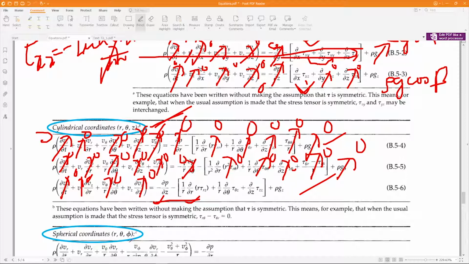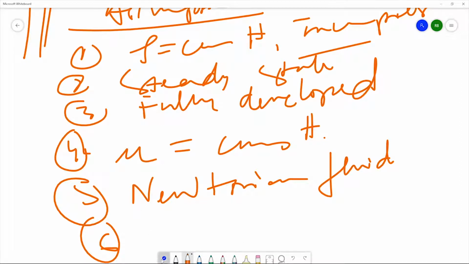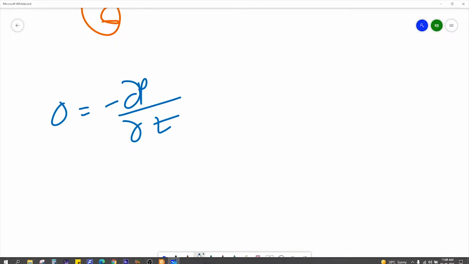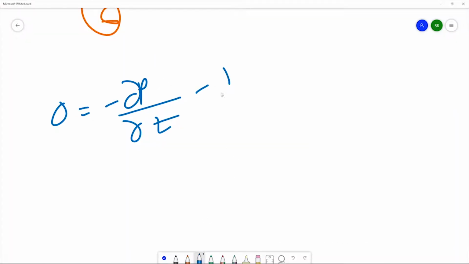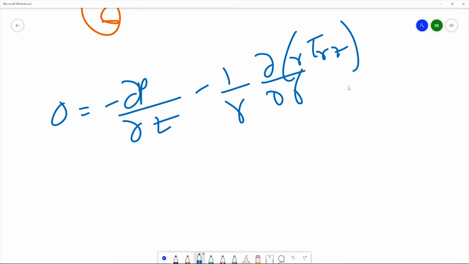So you can write it down. So you have 0 equal to minus dou p by dou z, then you have minus 1 by r dou by dou r of tau rz. Yes. Okay, gravity will also be there.